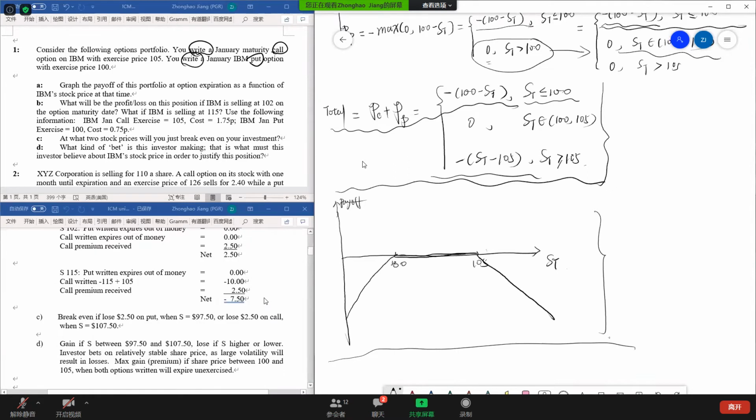Now the answer provided here for question C. Some students are confused about how these two numbers come from.